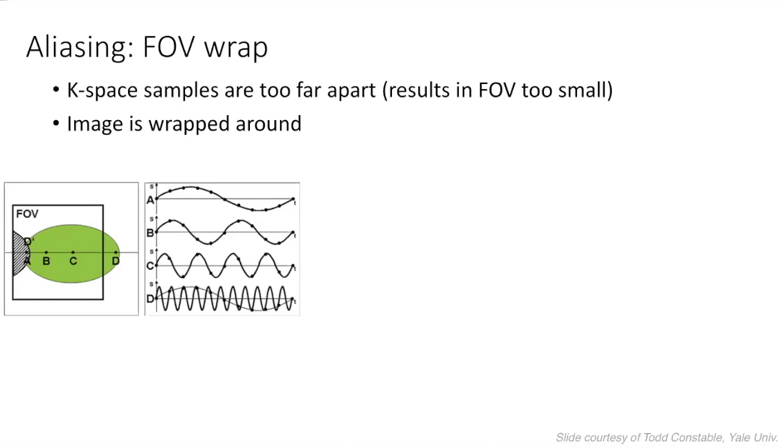Points A, B, and C are of different frequencies, and we have enough samples to resolve the different frequencies. But for frequency D, unfortunately, we don't have enough samples to resolve the high spatial frequency, and so it's mismatched to location A.